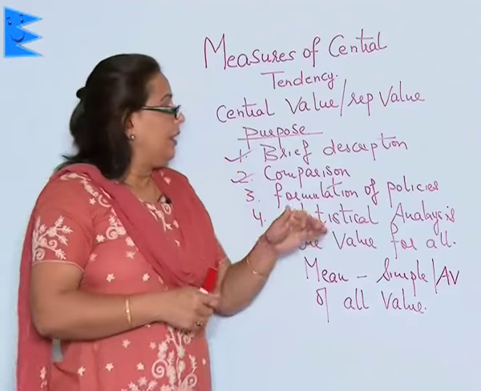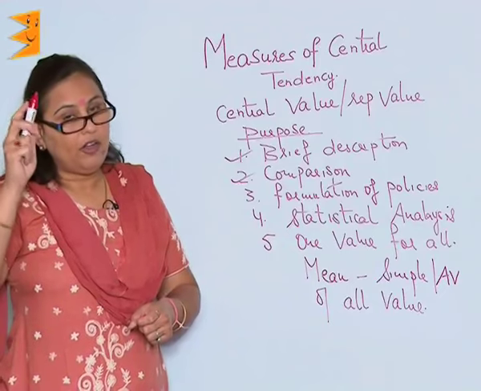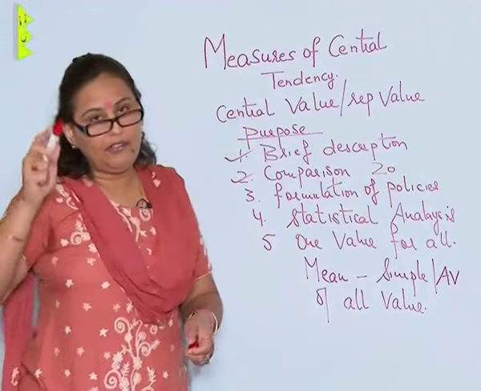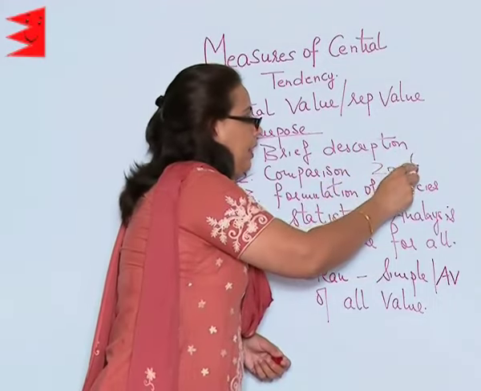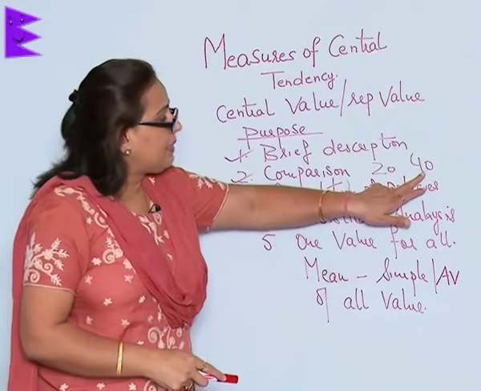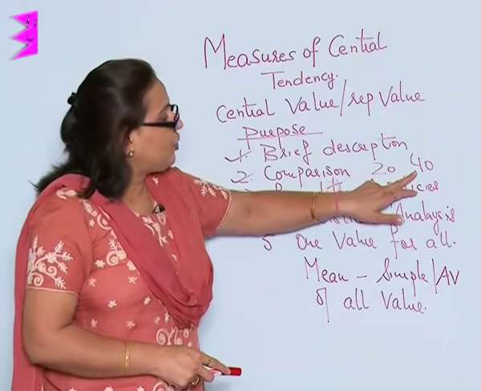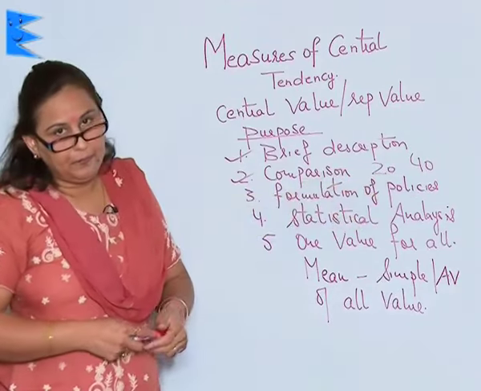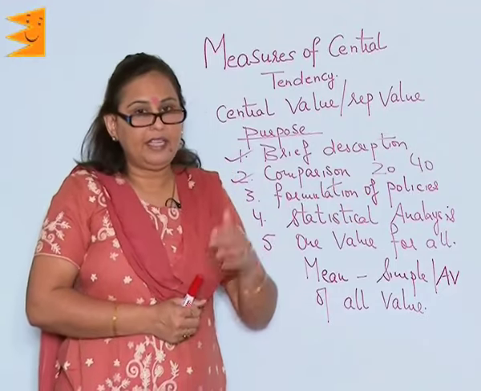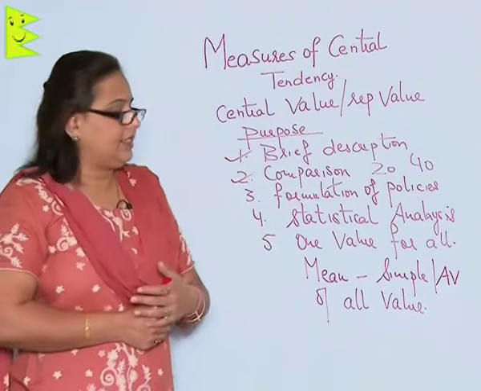For example, if the central value of the students of class A is 20 and of the students of class B is 40, we will be able to make the comparison easily that section B is brighter than section A. Thus, for any kind of comparison, it is very essential that we have the central value of the series.